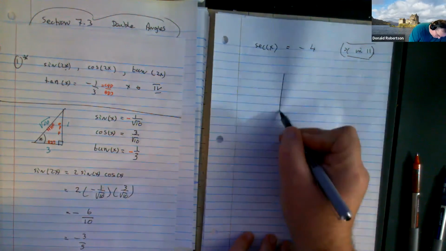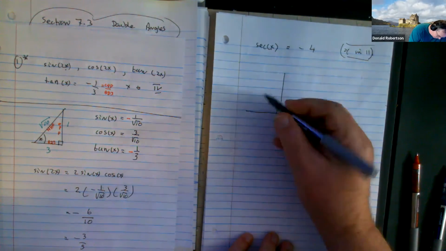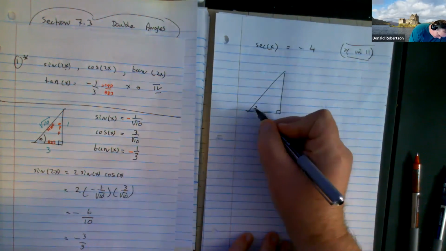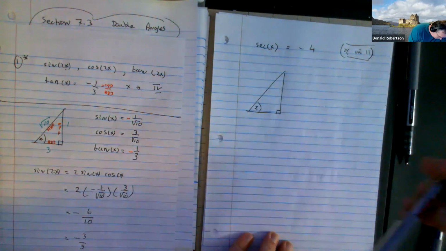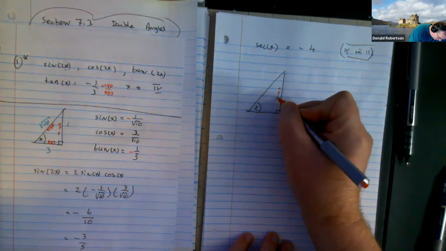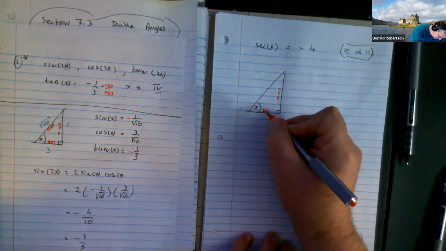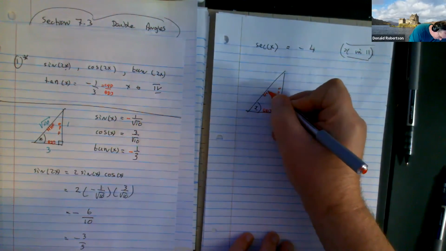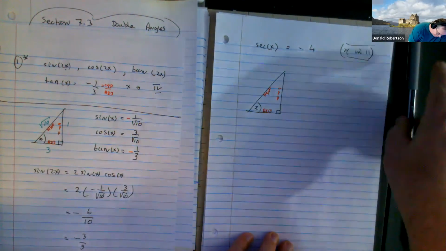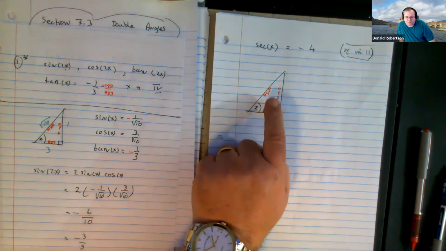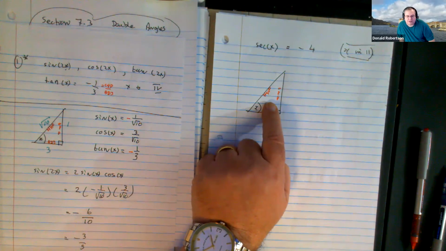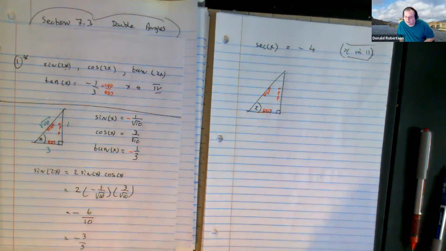But I need to build my right angle triangle, because that's how we do these questions. And so while I'm getting set up, I'll say this is going to be the opposite. This is going to be the adjacent. And this guy is going to be the hypotenuse. And I can build this triangle as long as you tell me sine of x, cosine of x, or tan x, right? I can do that pretty easily.